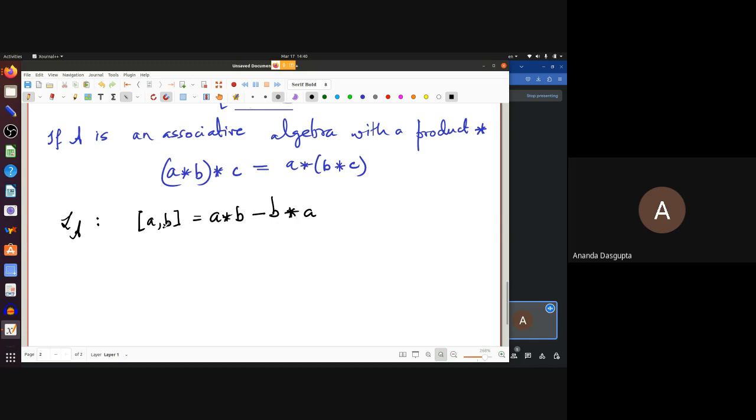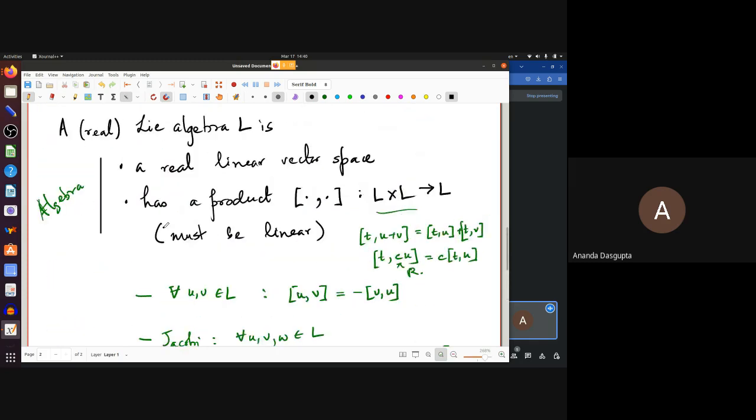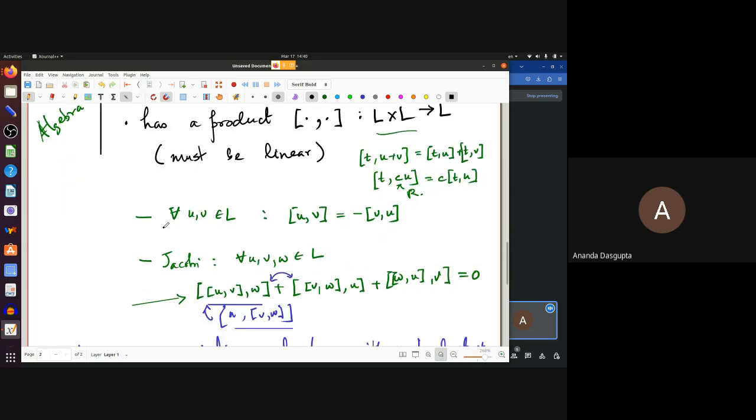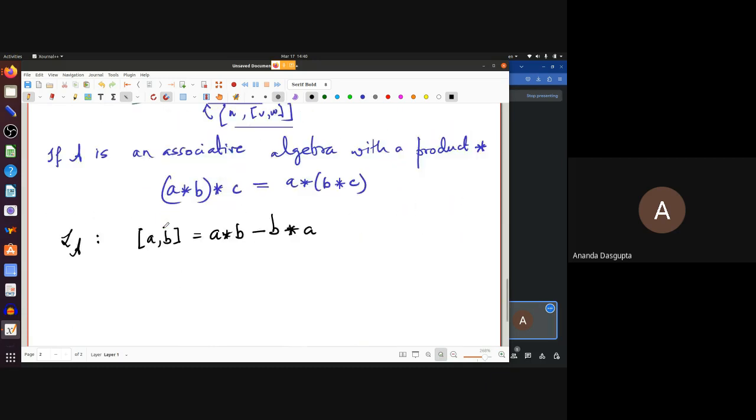Although when we talked about Lie brackets, we said that the bracket is an abstract operation which has these properties: it's a product, it's antisymmetric, it obeys the Jacobi identity. We did not say it's AB minus BA. But we are seeing that if you have an associative algebra, then if you did AB minus BA, you will get a Lie algebra from that.